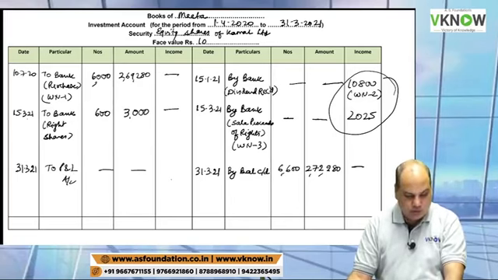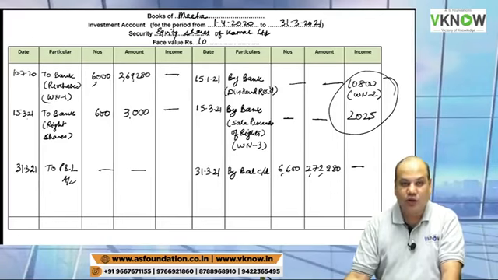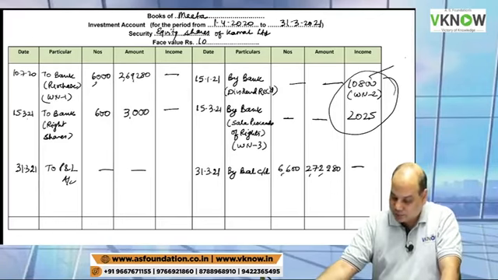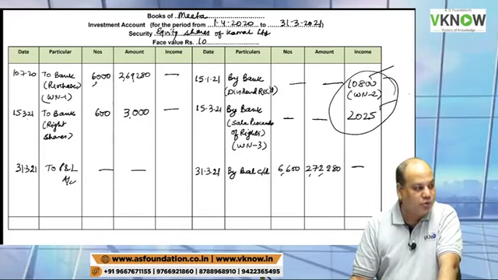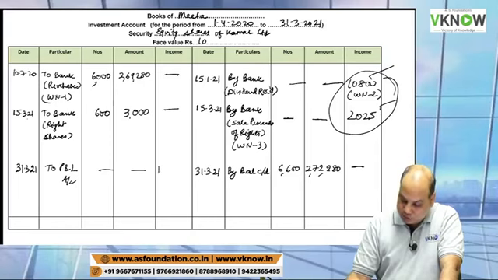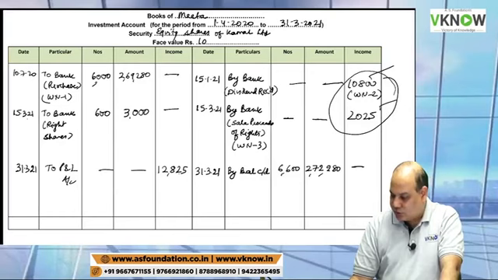Total income on shares: 10,800 plus 2025, that comes to 12,825. Now take the total of all these columns.